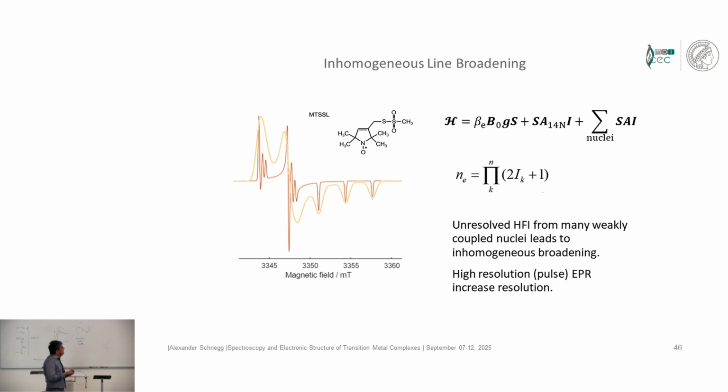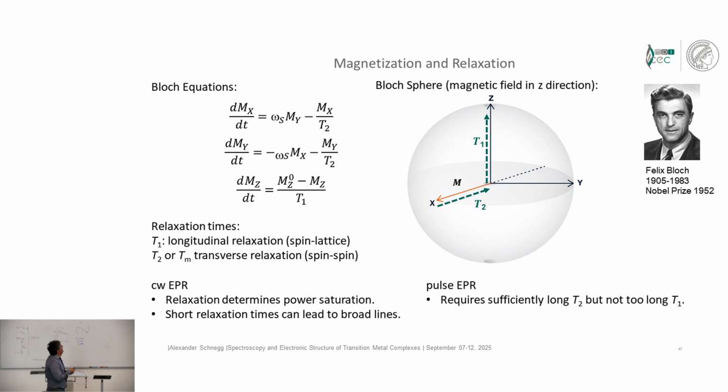This is usually done by changing the detection technique a bit, and requires pulse techniques. In the last 25 minutes, which I now still have, I would like to talk a bit about pulse EPR and how it increases the resolution in EPR spectroscopy.